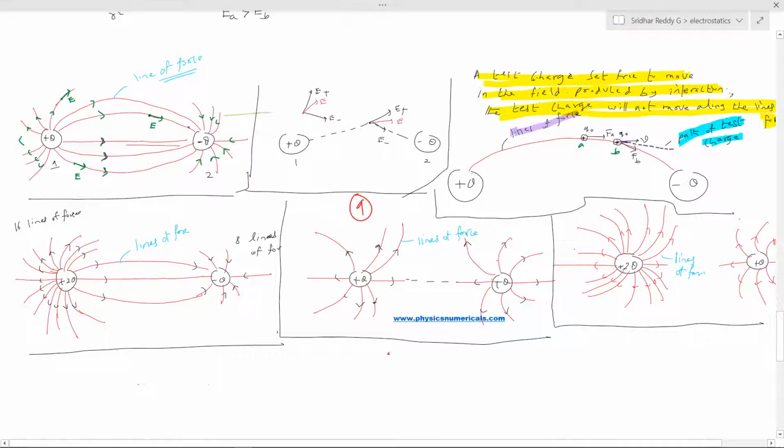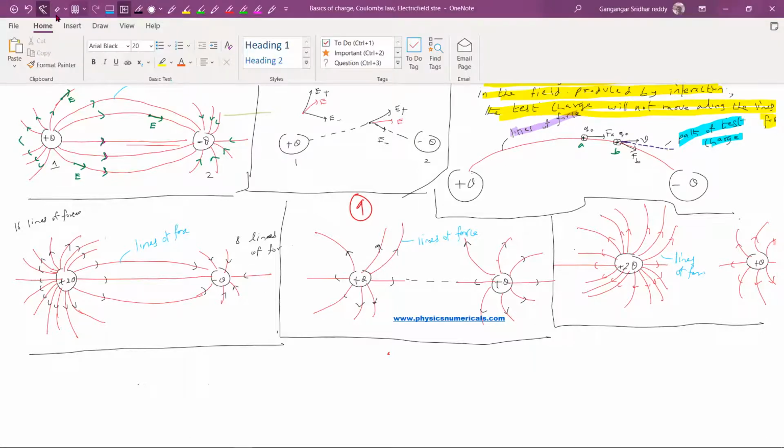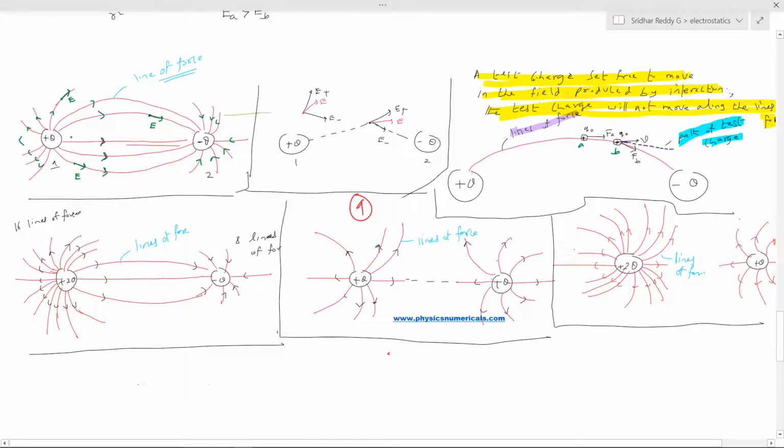So how should I know? The lines of force should be equal in number. For Q charge, how many are there? Okay, I'm not very sure, let me try. I think I'll give a number. 1, 2, 3. Okay, 11 are there, not 12.